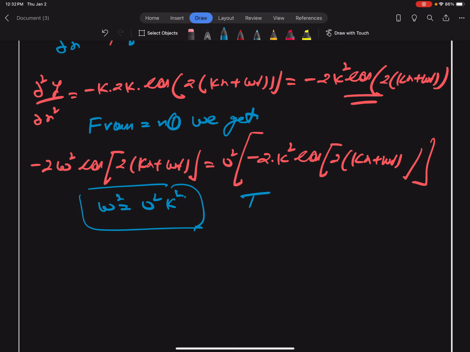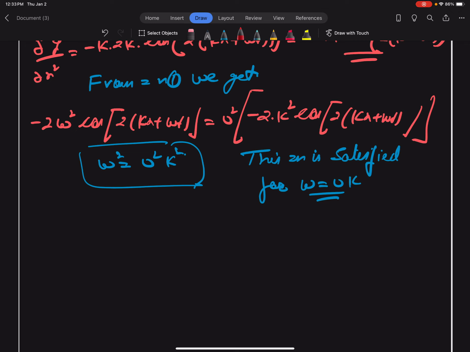So you can say this equation is satisfied for omega is equal to vk. So it means this is a wave equation.